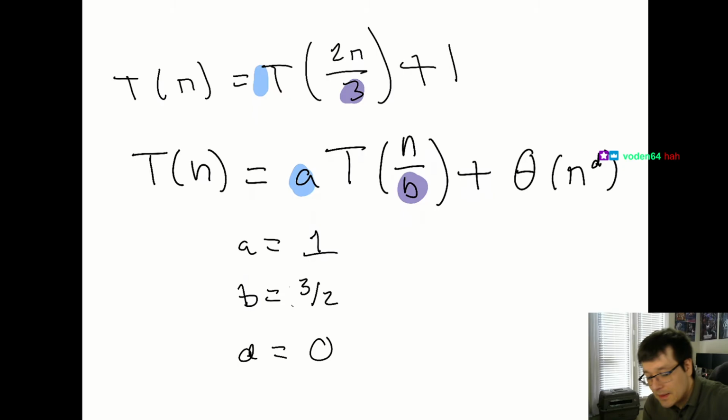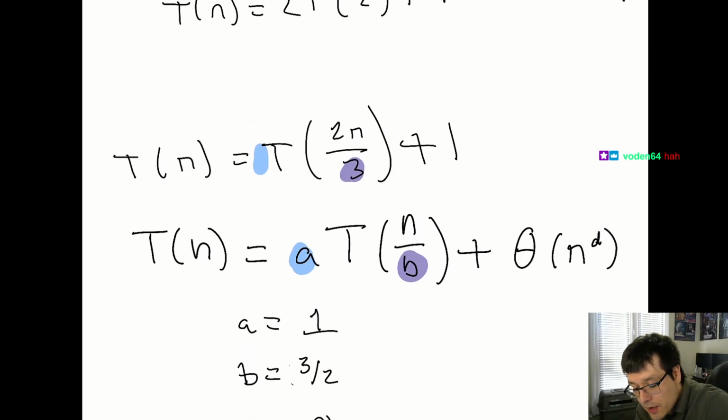Right? Because we need to convert this at the bottom, but we also need to get rid of the 2 at the top. So if you want to put a number that's in the numerator into the denominator, you just divide it by that number. So it becomes 3 divided by 2, right?